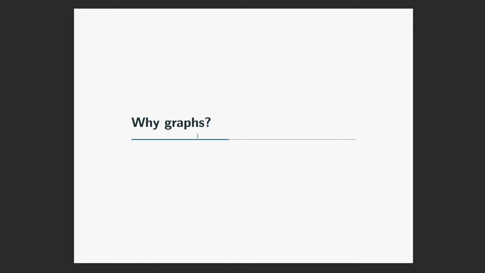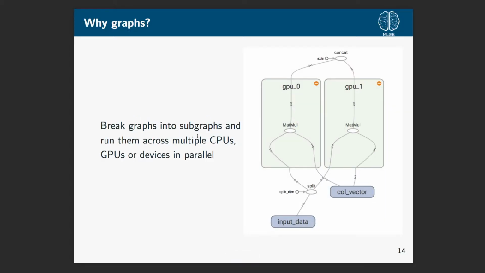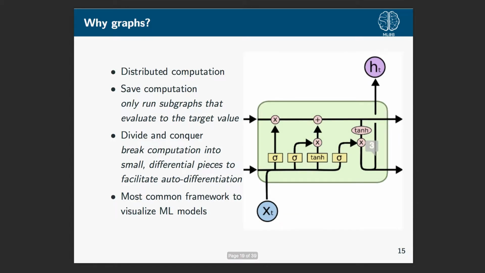So why do we use graphs? Because it can be decomposed into subgraphs, and we can run them across multiple CPUs and GPUs in parallel. So it's more efficient this way. Also, we can save a lot of computation because only the subgraphs that evaluate to the target value will be evaluated.